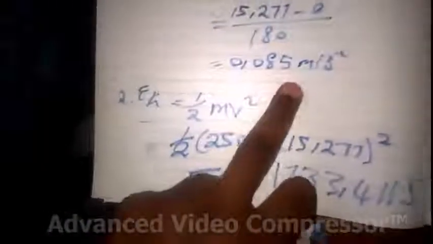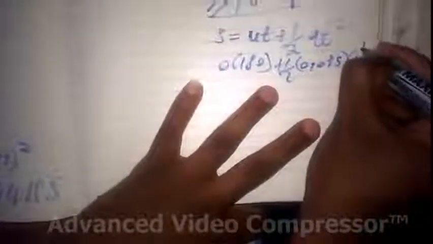Here is the time, it's 180, and then plus half our acceleration. We just found our acceleration, 0.085, multiplied by the time, which is 180 squared.